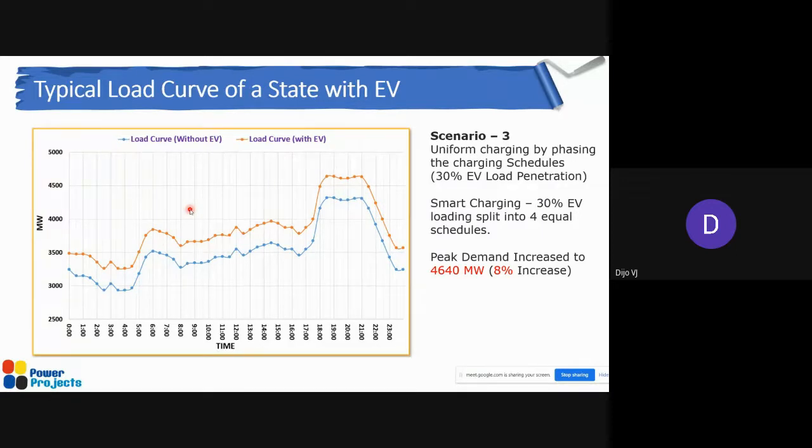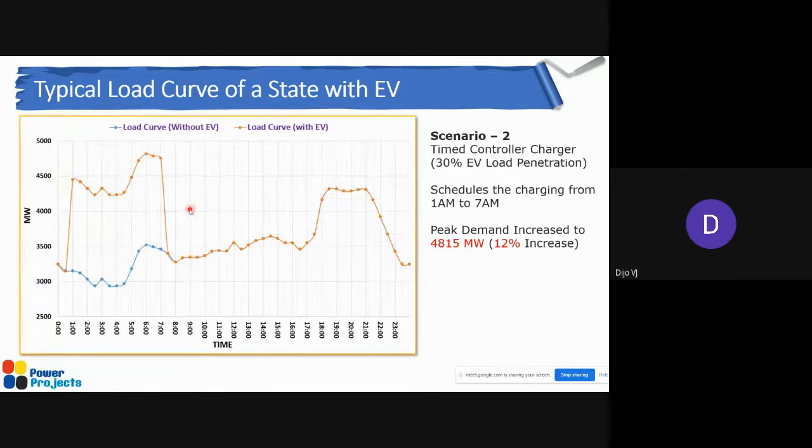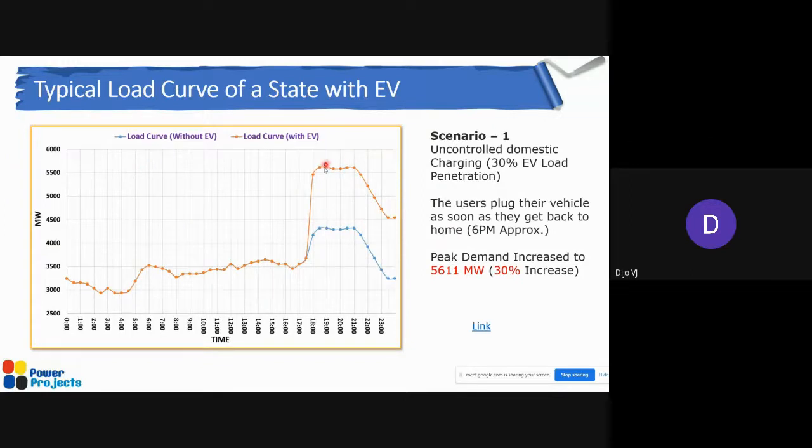So the utility doesn't need to install more and more generation, or more transmission and distribution network, and it improves the voltage profile of the system, which is nothing but the power quality will be improved and the voltage will be maintained. But in this scenario, we can definitely assume that the voltage will drastically come down, if such a scenario happens.